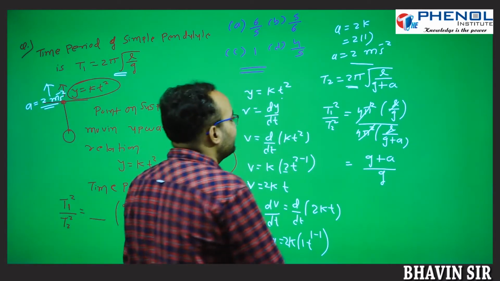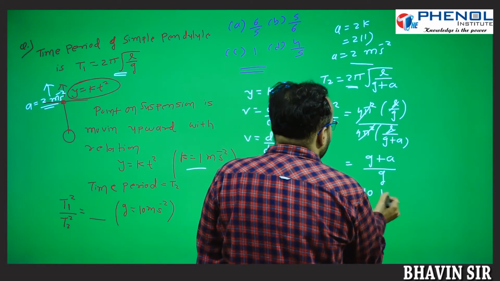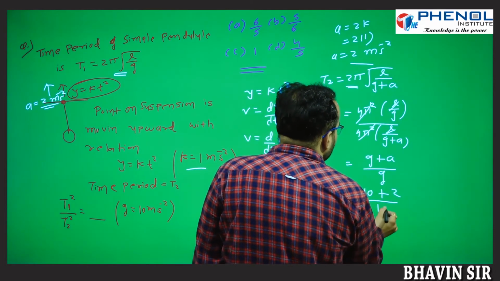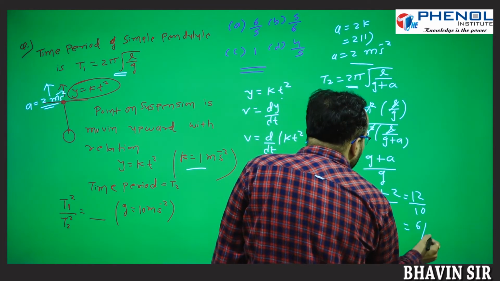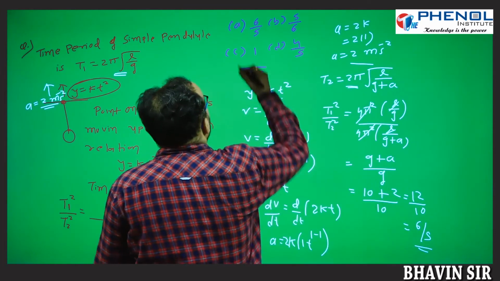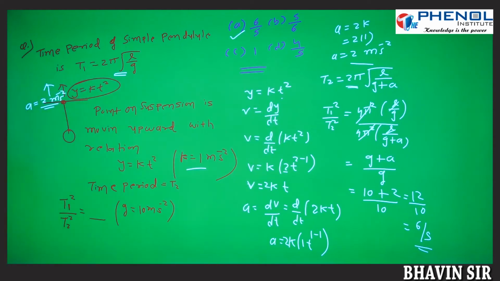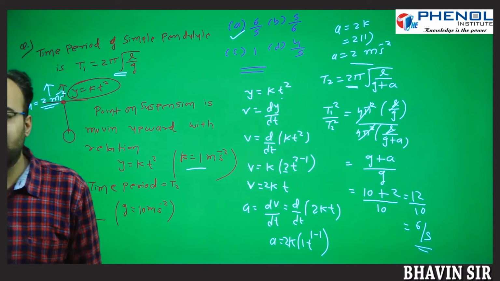Now what is the value of g? 10. Acceleration 2, g 10. So 12 by 10, so 6 by 5. Okay, so what is our answer? 6 by 5. Clear students?